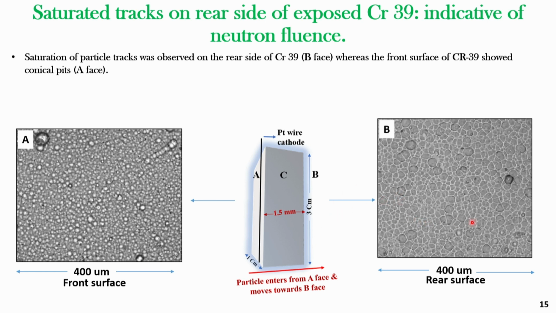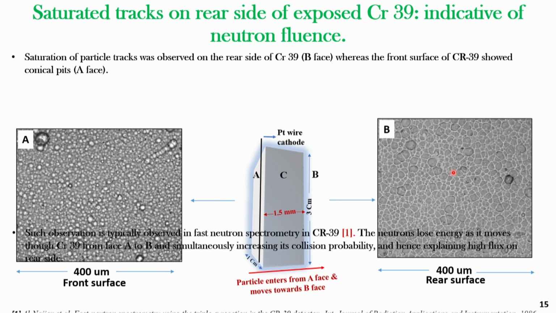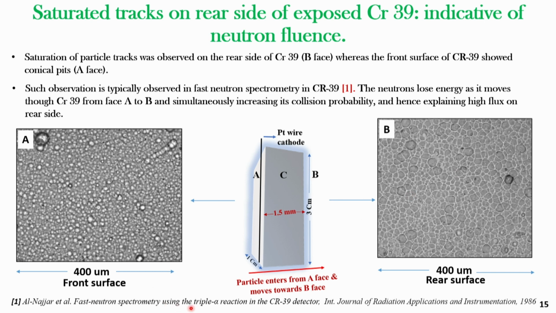And why do we say that we have a neutron fluence in these experiments is that this is a typical signature of neutron fluence in CR39 experiments. This is the reference which I have taken, and such an observation is typically observed in fast neutron spectrometry in CR39.